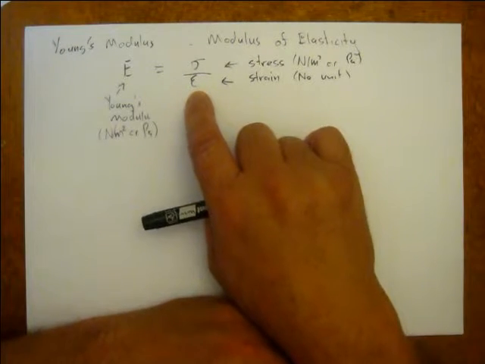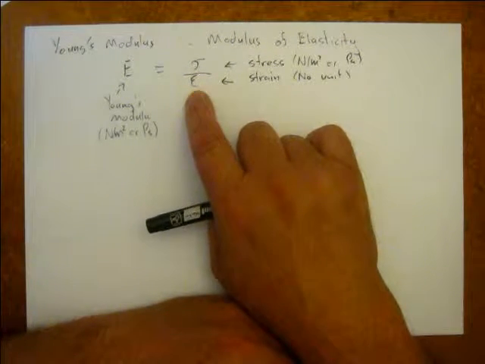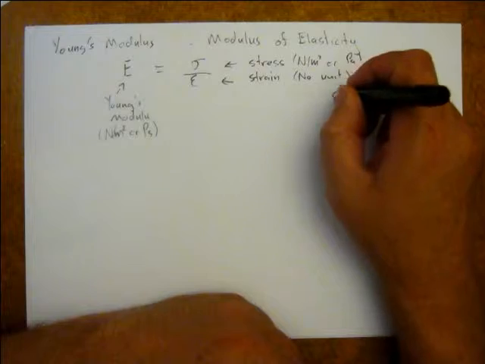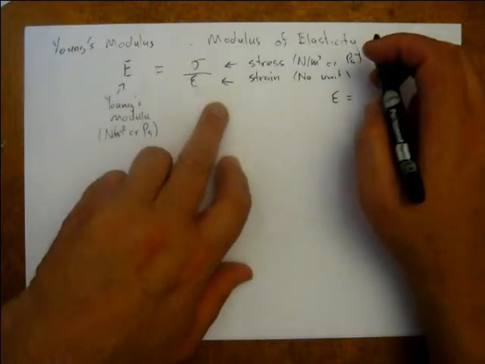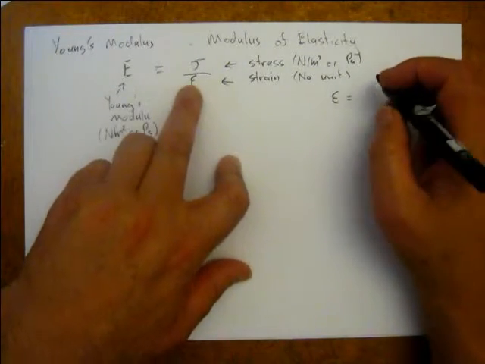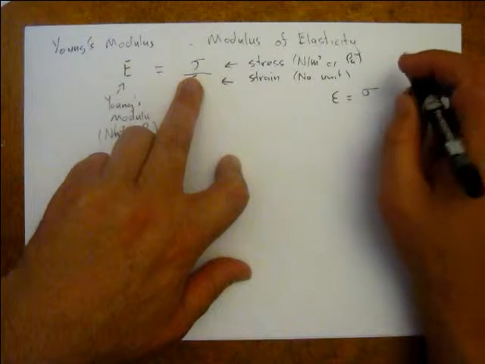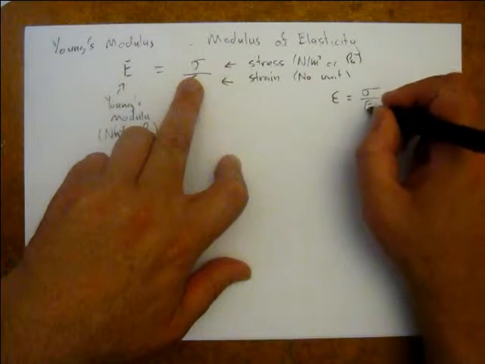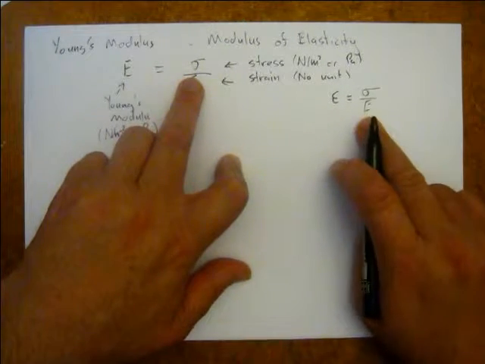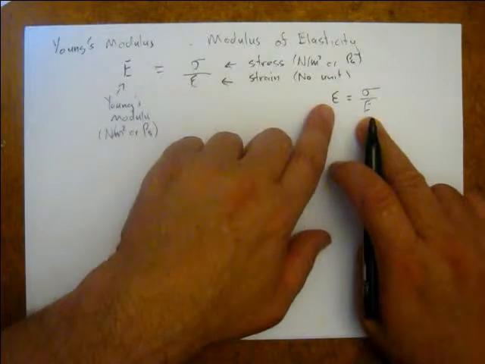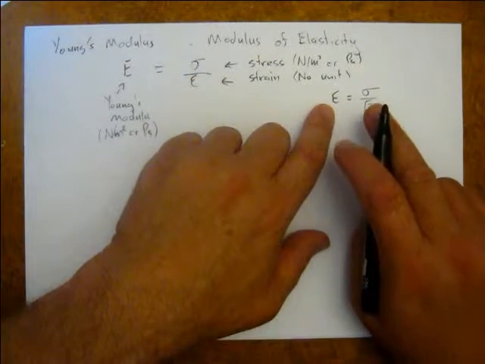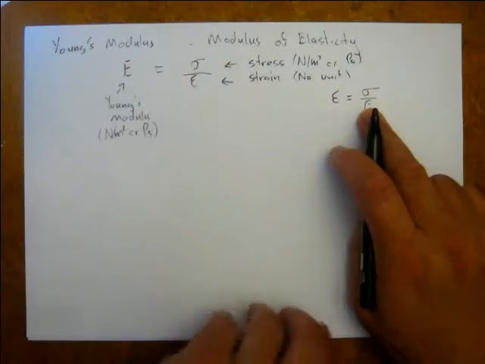But if it's small, it does stretch. So the strain, the stretch, is going to be related to stress over Young's modulus. So if this is a big number, it stretches a small amount. If this is a small number, it stretches a big amount.